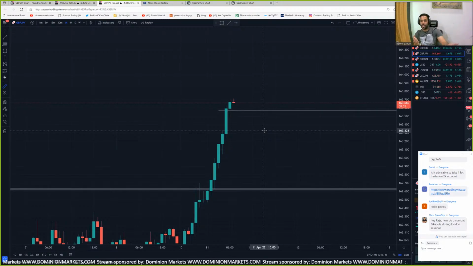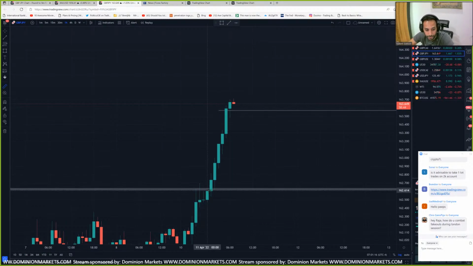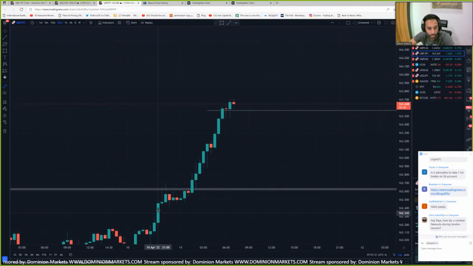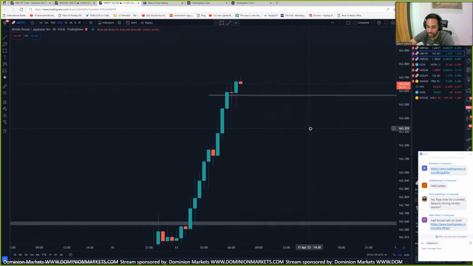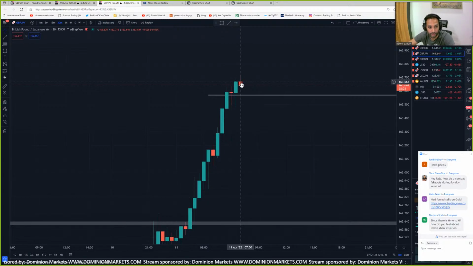We've just had candles moving bullish at this point, and I don't want to take any buys at this point because look how much we've moved from a consolidation zone. The further away we move from a consolidation zone, the higher the probability is for price to retrace. So I would not take these buys, and if you are taking these buys, you're taking them at your own risk. But I would highly suggest against these buys here in pound yen.